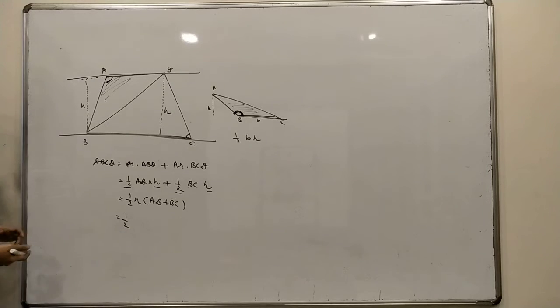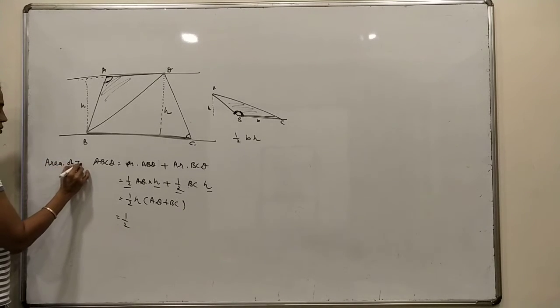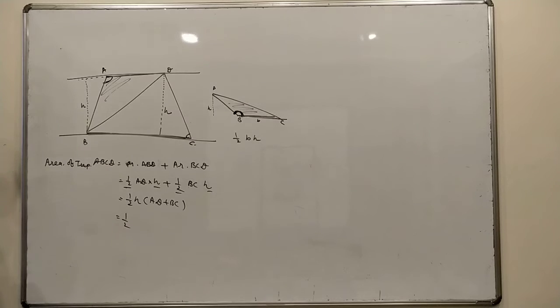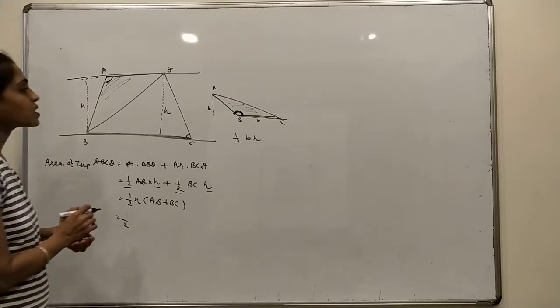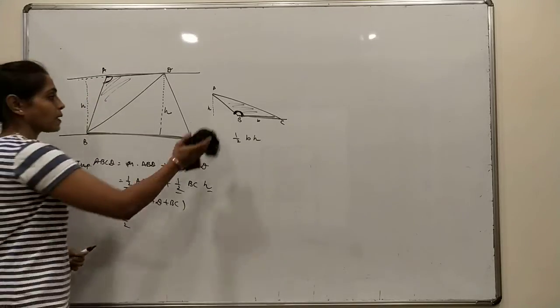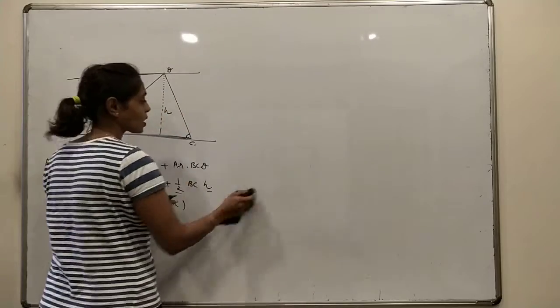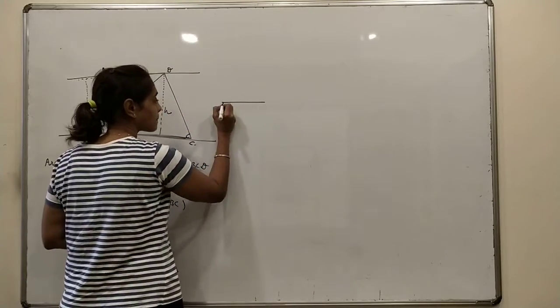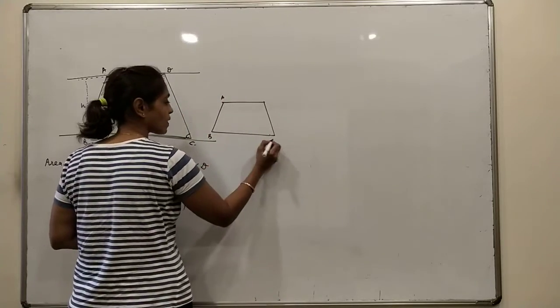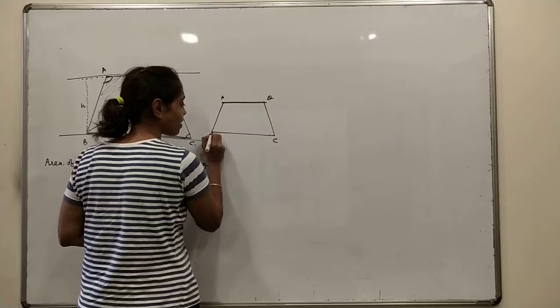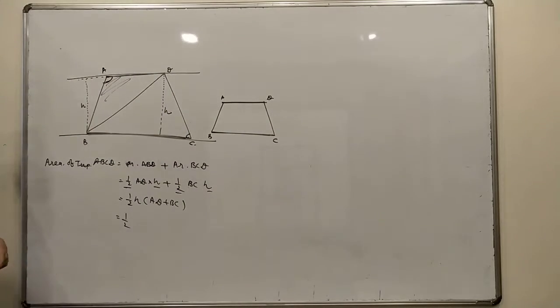That is 1/2 of H into AD plus BC. Now the formula: area of trapezium ABCD is equal to 1/2 of AD plus BC. What are AD and BC originally? They are the parallel sides. And the sum AD plus BC.